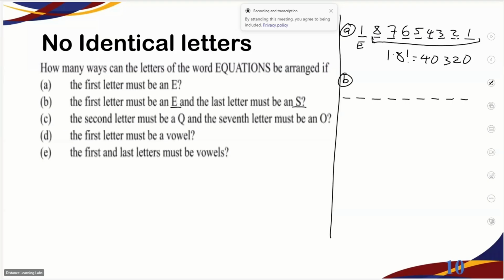Equations has 9 letters. They are saying the first position must be an E. The last position must be an S.